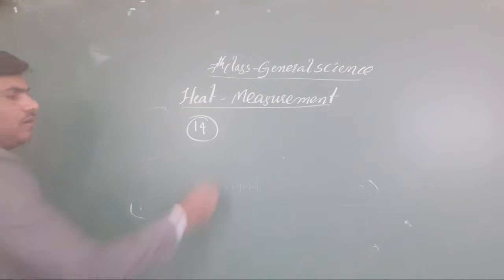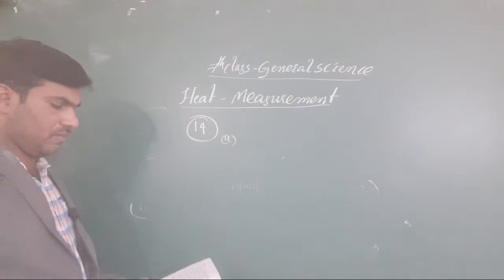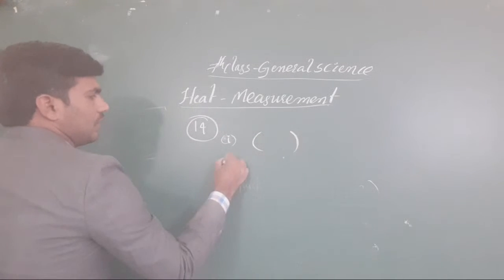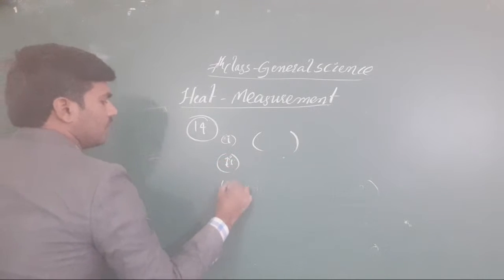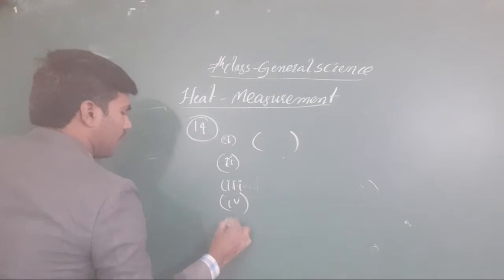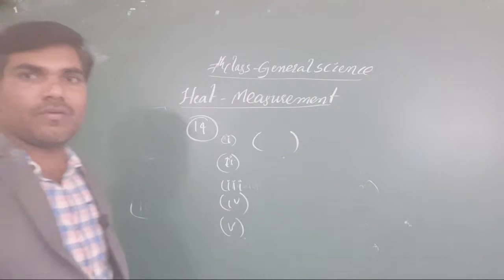There is a first one, A, then the second one, the third, the fourth, and the fifth. These things are there.